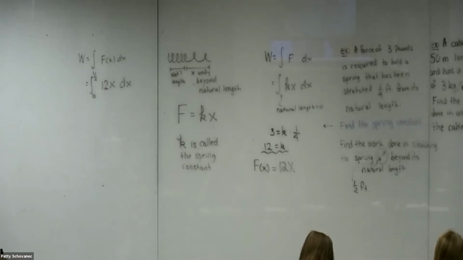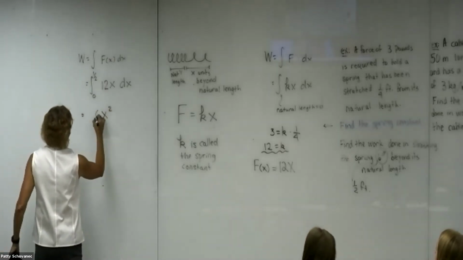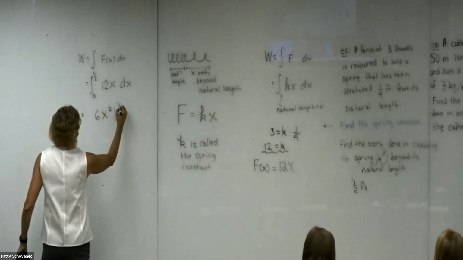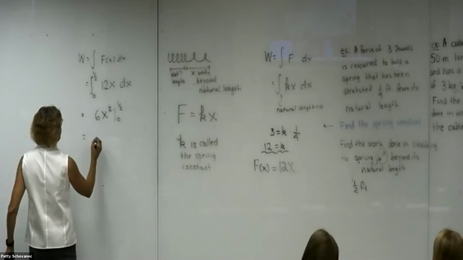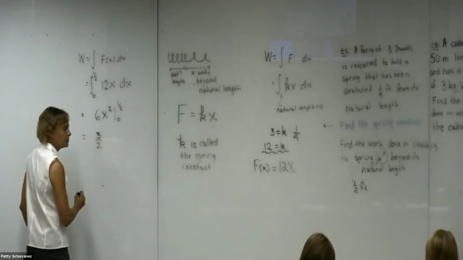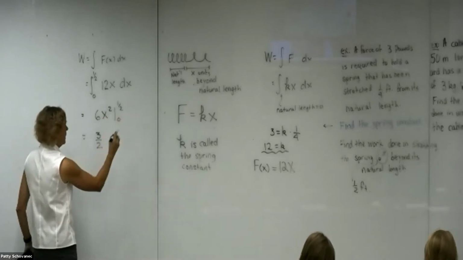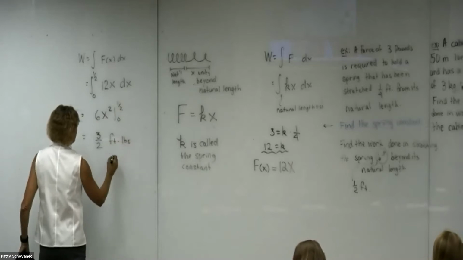It's the easiest integral of all the integrals we've done. Putting the half in there and squaring it, I get 6/4, which is 3/2 units of work. We're in feet and pounds, so it's 3/2 foot-pounds of work.